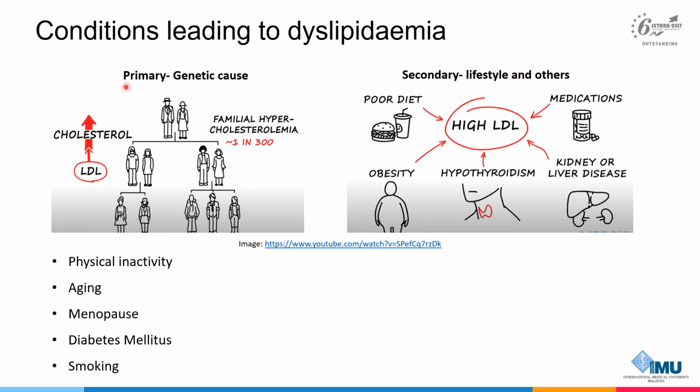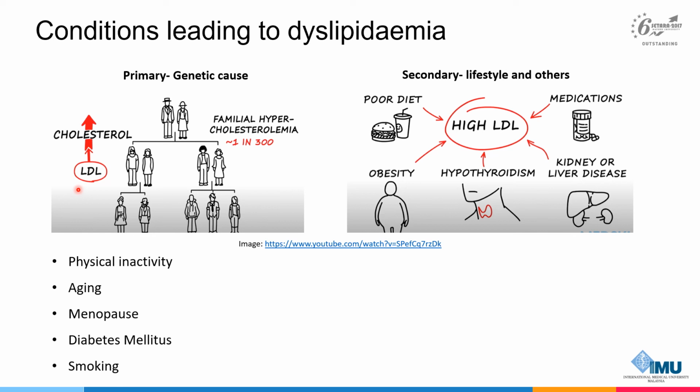So let's look at the primary or the genetic cause. An example of this is familial hypercholesterolemia. People with this disorder have a high level of cholesterol. This is because a certain mutation has resulted in less expression or less formation of LDL receptors in the liver.